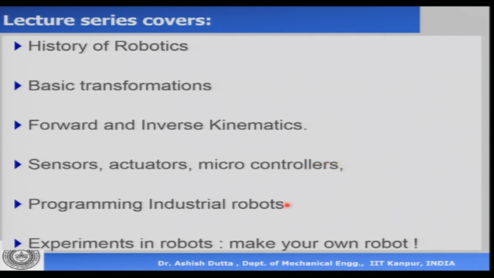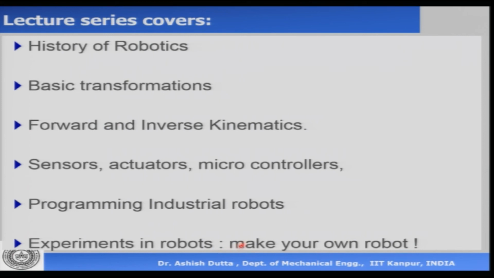And then finally, we'll also have to look at robot programming languages. There are some languages like VAL, an assembly-like language, which is very specific to robot programming only, and these are used in industry. So here we'll be looking at the structure of this language and how to use it to program a robot for industrial applications.